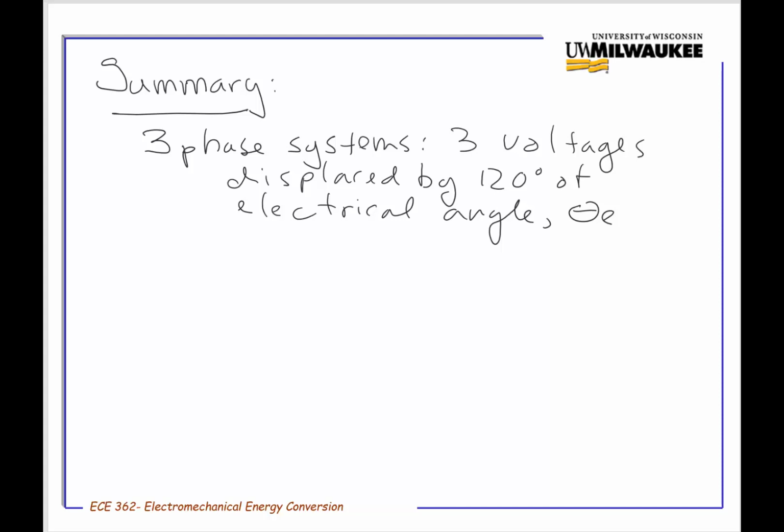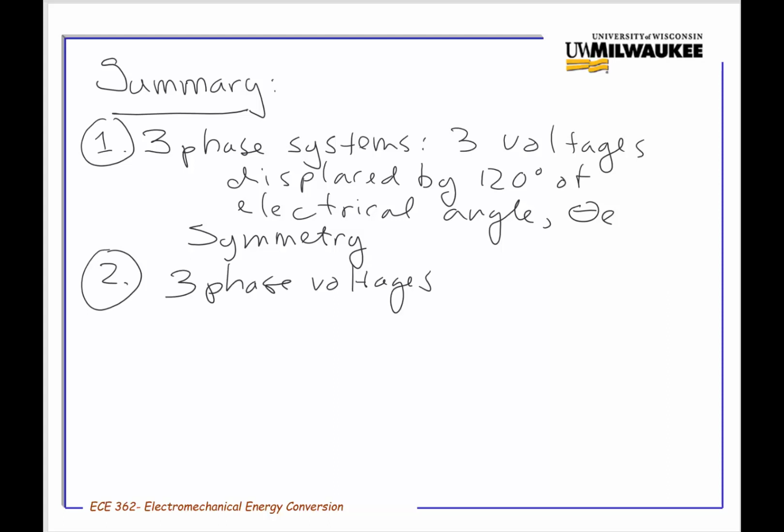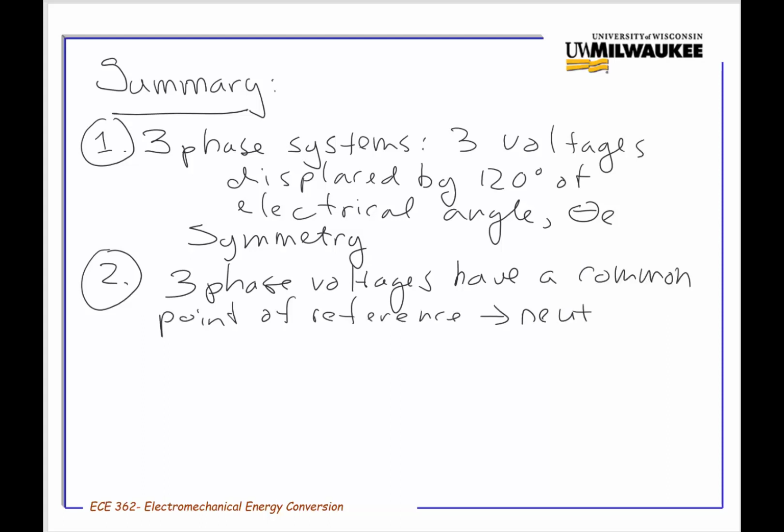This is a symmetry that brings a lot of advantages, which we will demonstrate. The three-phase voltages have a common point of reference, which is referred to as a neutral connection.